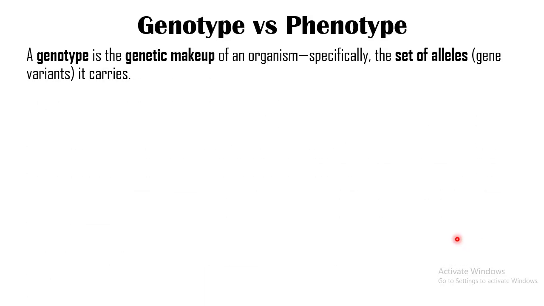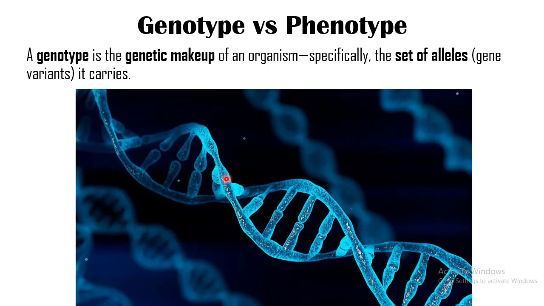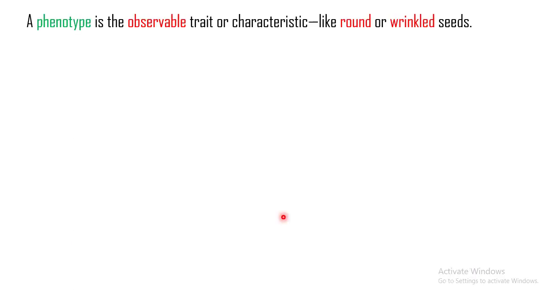The genotype is the genetic makeup of an organism, specifically the set of alleles. I'll touch on alleles in this video; they are the gene variants that are present in an organism. For example, if this is the DNA, you can see a lot of alleles for a particular gene, as you will see in the example to come.